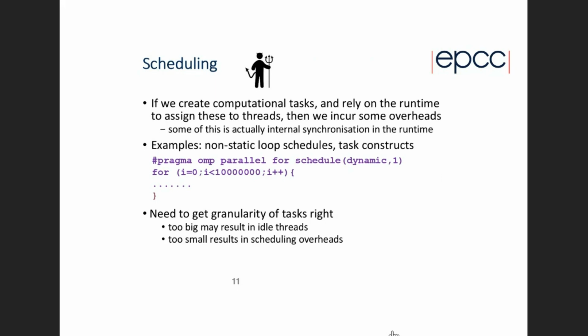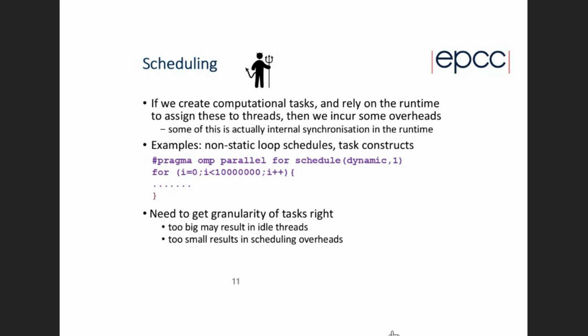So the next possible problem is scheduling. If we create computational tasks and then we're relying on the runtime to do the assignment of those to threads in some way, then we're going to incur some overheads.